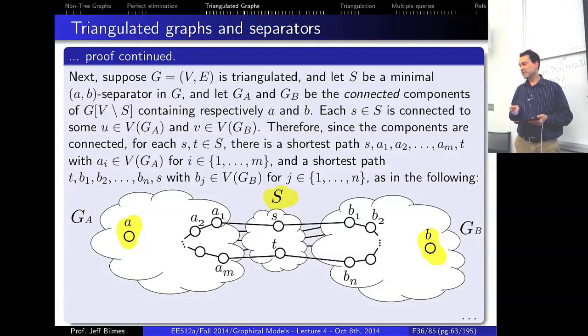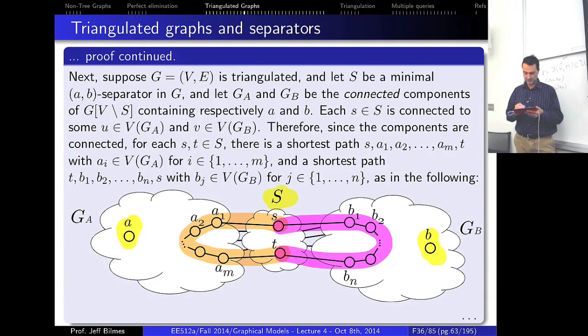And moreover, we have that GA is connected and GB is connected. And so therefore, between any S and T in S, there must be some shortest path which consists of only nodes in GA. And similarly, there must be some shortest path which consists of only nodes in GB.